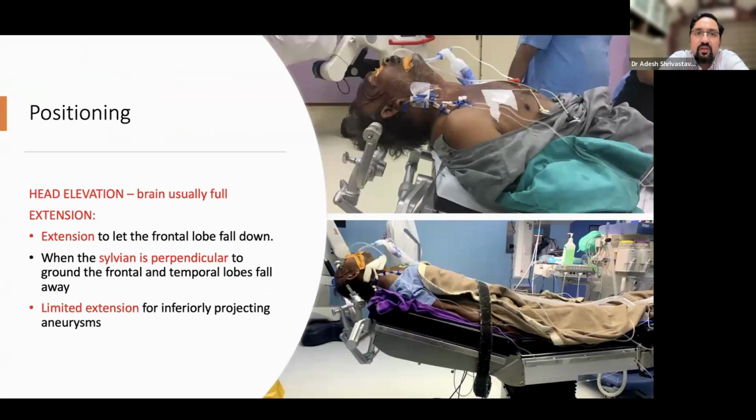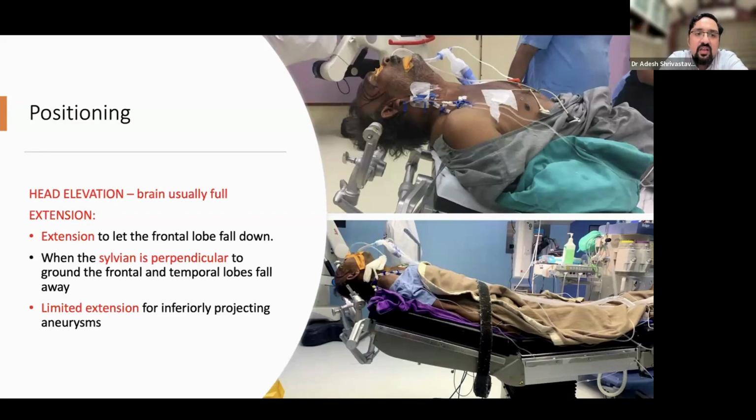And when you have a full brain, one needs as much relaxation of the brain as possible. So to ease the venous outflow, we elevate the head by around 25 to 35 degrees, as much as your clamp's extension allows.